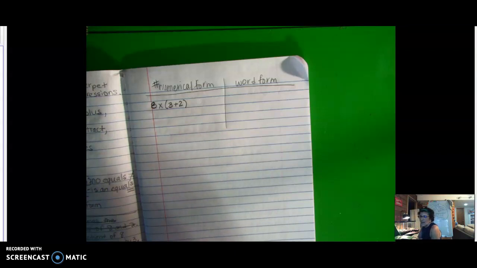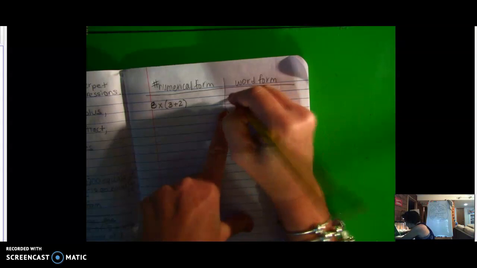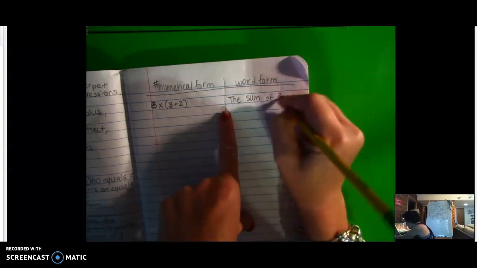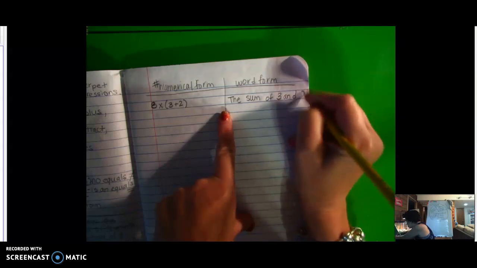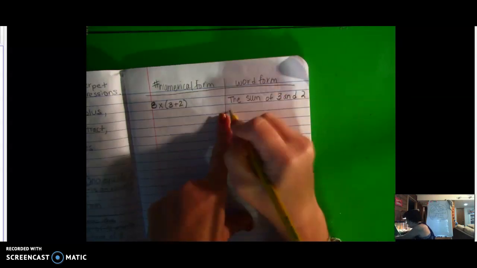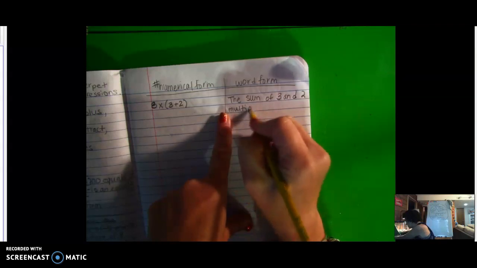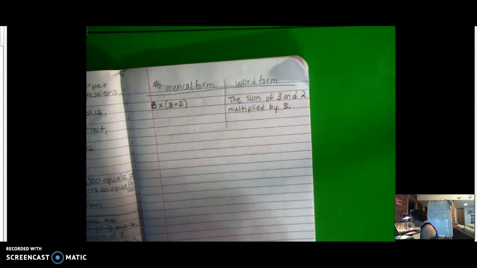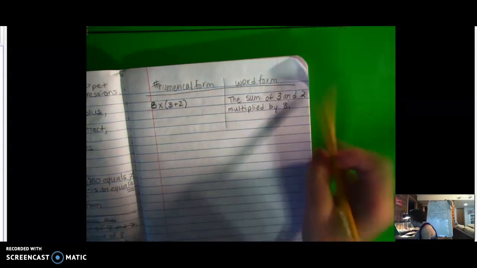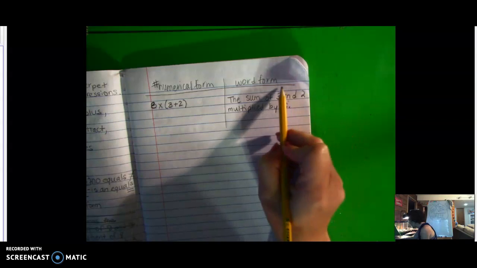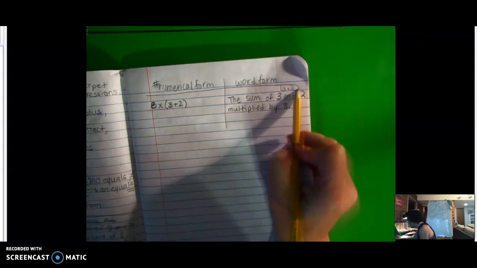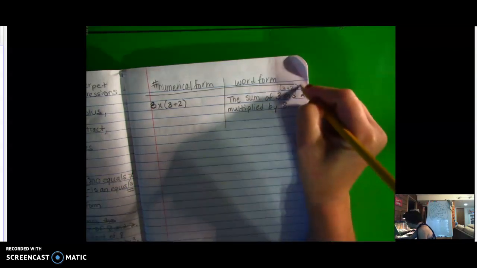Well, we have to do our parentheses first. So we're going to say the sum of 3 and 2 multiplied by 8. Because what this tells us is 3 and 2 have to be added together before we multiply.